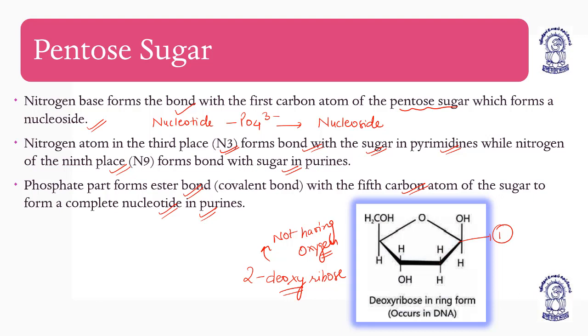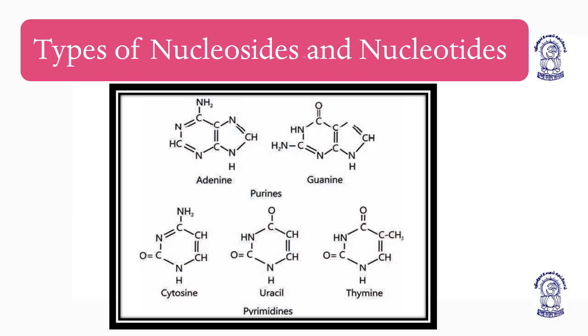of the pentose sugar. Okay, types of nucleosides and nucleotides: adenine, guanine, cytosine, uracil, and thymine. You can see adenine and guanine have two rings. One ring is the imidazole ring, which is a 5-membered ring, and the other ring is the 6-membered ring, which is the pyrimidine ring.